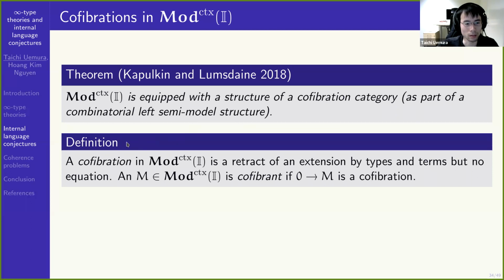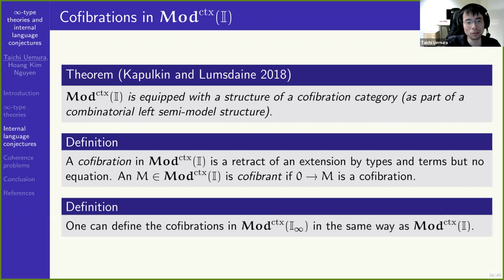But the important thing is that a cofibration is defined as a retract of an extension by types and terms, but no equations. And our model is called cofibrant if the map from the initial object to M is a cofibration. So essentially a cofibrant object is a model freely generated by types and terms, but without any equations.